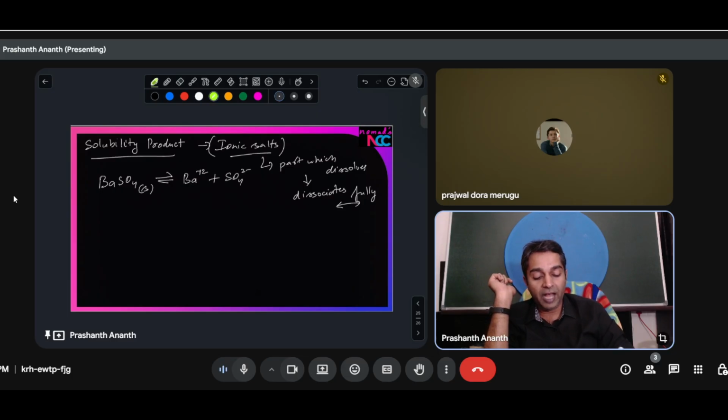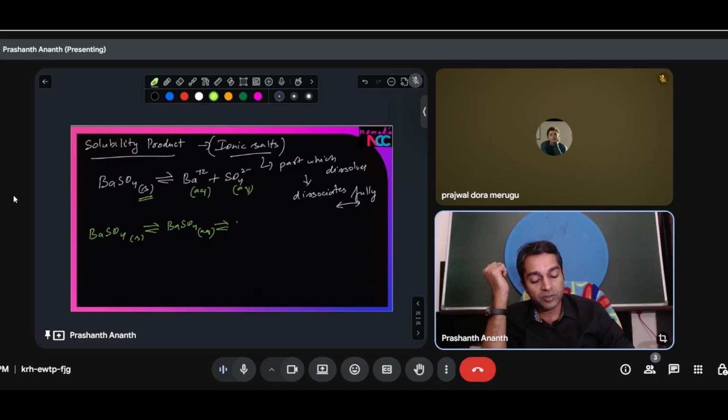So if I am going to be having this as the equilibrium over here, this is a solid. It is not going to be dissolving much, only a tiny bit dissolves. That tiny bit which dissolves completely dissociates. So effectively speaking, what is the equation which we are writing? We are writing it like this: BaSO4 solid originally becomes BaSO4 aqueous.